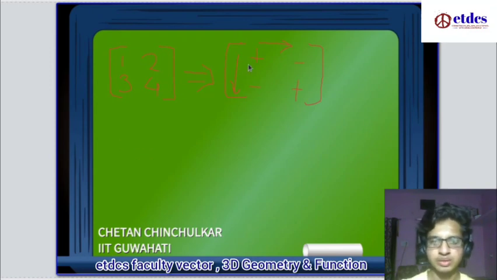The first element of the cofactor matrix is for position 1 1, so we cancel the first row and first column, we get 4, and positive.